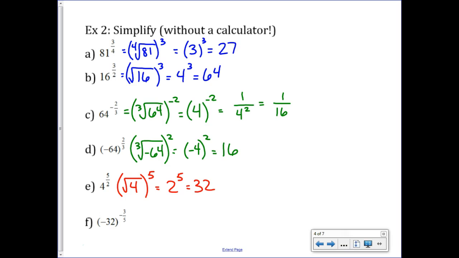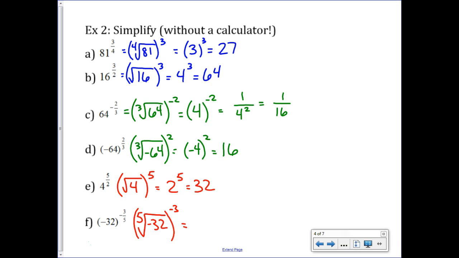And then here I have the 5th root of negative 32 to the negative 3. I always put that negative with the numerator so that you can worry about that later. So the 5th root of negative 32, well, since that's an odd, it's okay to have the negative. So what do I multiply 5 times?